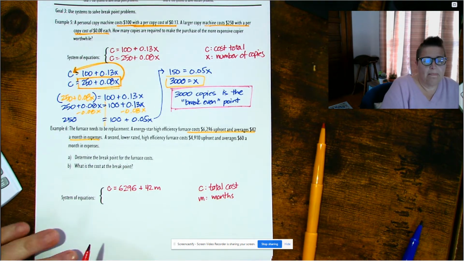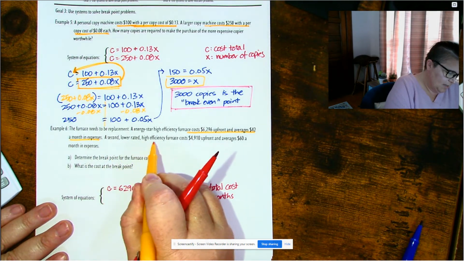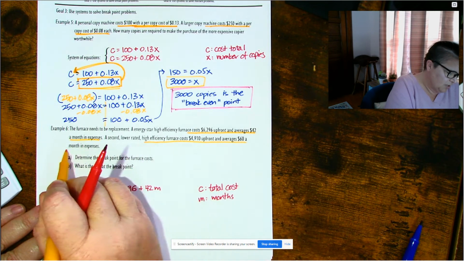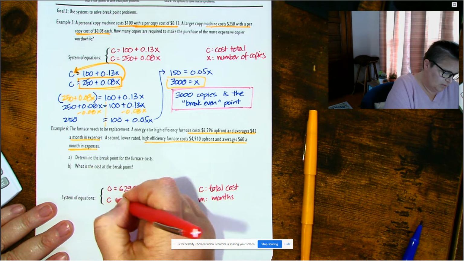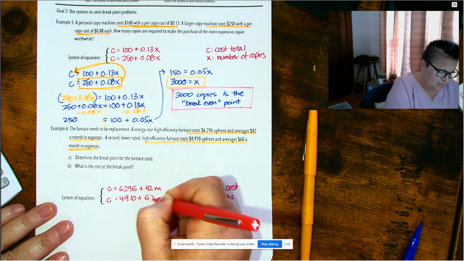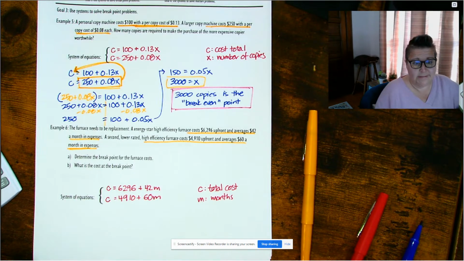Okay. All right. My next sentence, a second lower rated, also high efficiency furnace, costs $4,910 and averages $60 a month. So this would be $4,910 plus $60 a month. Okay. This gives me 2 equations.